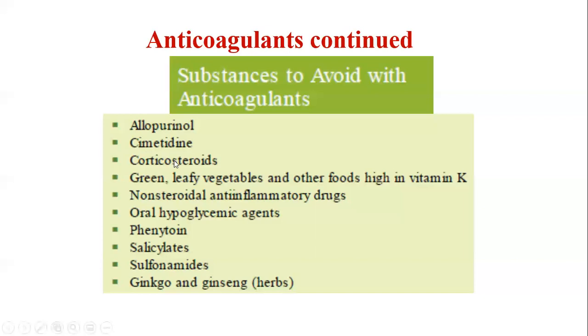And here is showing the medication list good to avoid, like allopurinol. Allopurinol we use for gout. Cimetidine, it is a peptic ulcer disease medication. Also steroids like corticosteroids. Green leafy vegetables or other foods which are high in vitamin K. Non-steroidal anti-inflammatory drugs, better to avoid.